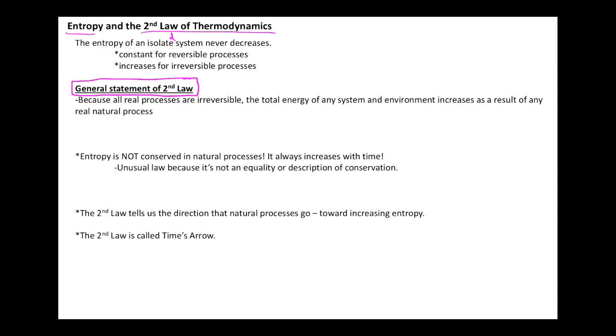So since we're dealing with irreversible processes everywhere in the real world, we can say that the total, wow, another misspelling, look at this. The total entropy, apparently I was just typing too fast. Either that or I slightly misspelled entropy and got autocorrected to energy, who knows. The total entropy of any system and its environment is going to increase.